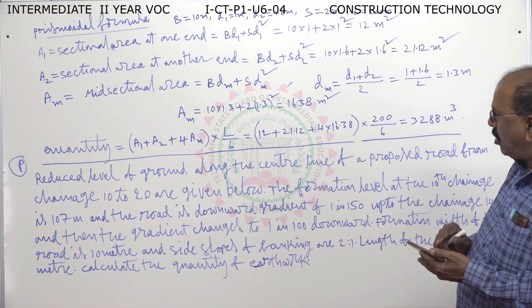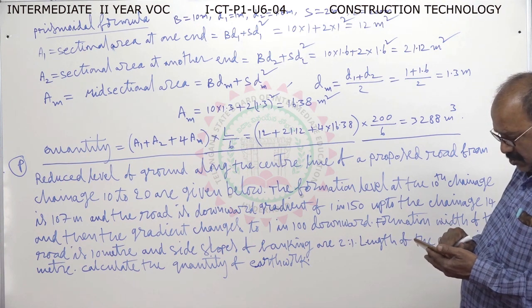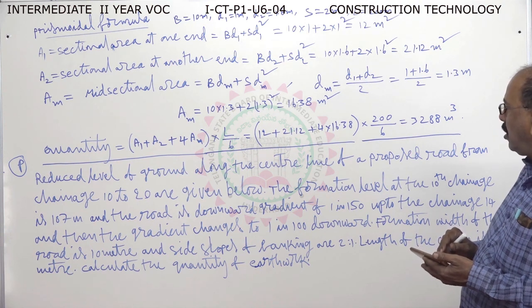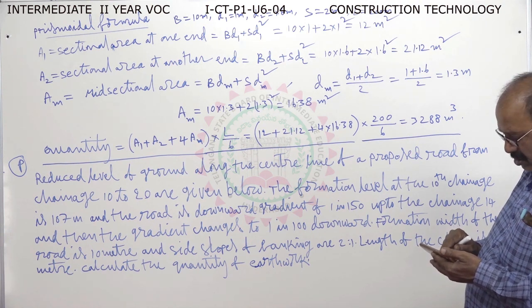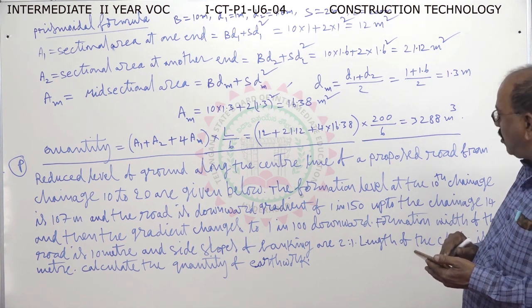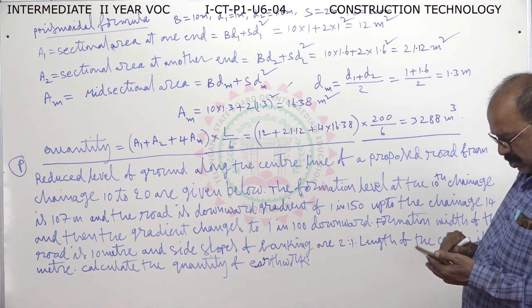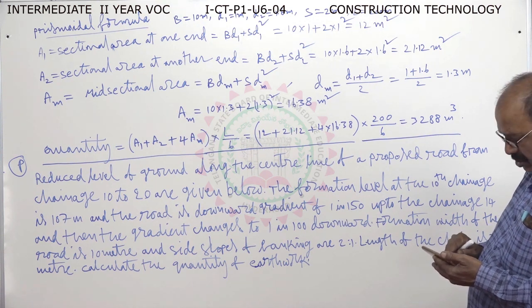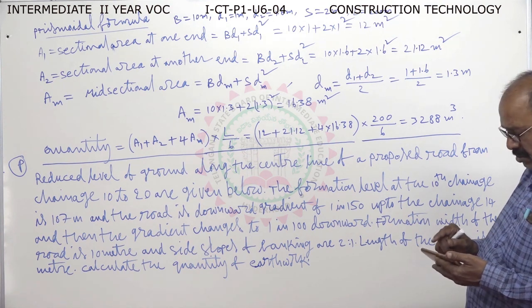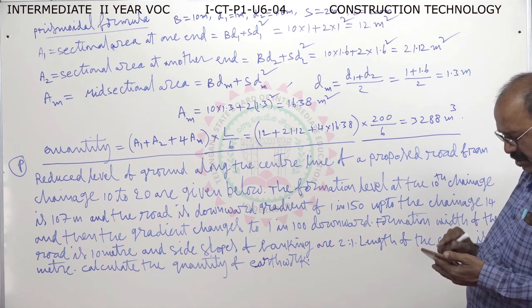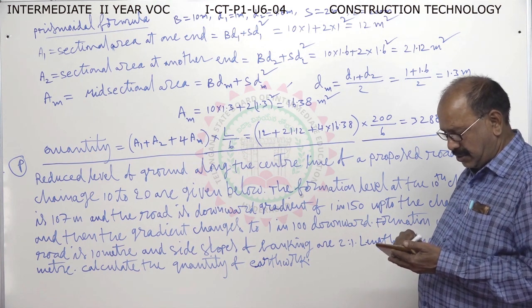That's equal to 12 plus 21.12 plus 4 into 16.38, into 200 divided by 6.